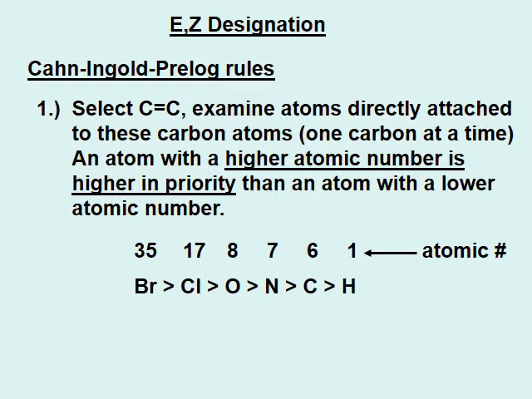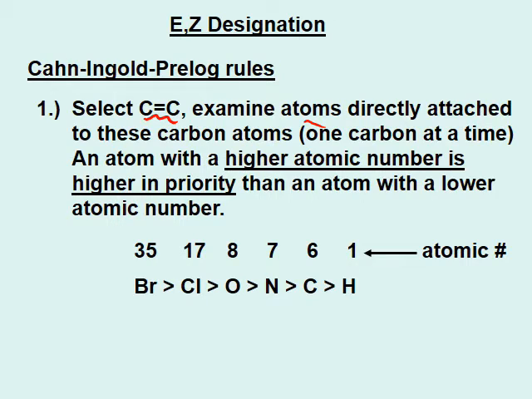In order to determine E or Z stereochemistry, we apply Cahn-Ingold-Prelog rules. In order to apply the rules, you need to select the carbon-carbon double bond and examine the atoms directly attached to these carbons.